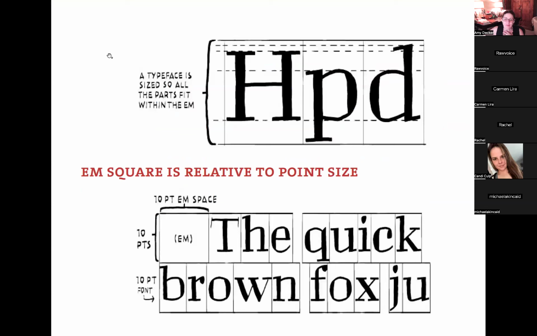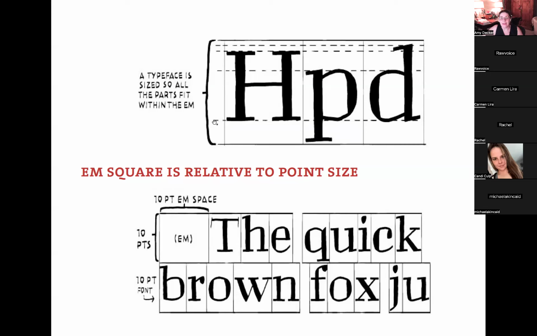The M square is relative to point size. When they design a typeface, the typeface is sized so all the parts fit within the M. That means the ascenders, the cap height, the mean line, the baseline, and the descender. All of it fits within the M. A 10-point M space means it's 10 points horizontal and vertical. But the type doesn't fill the full height of that 10 points.